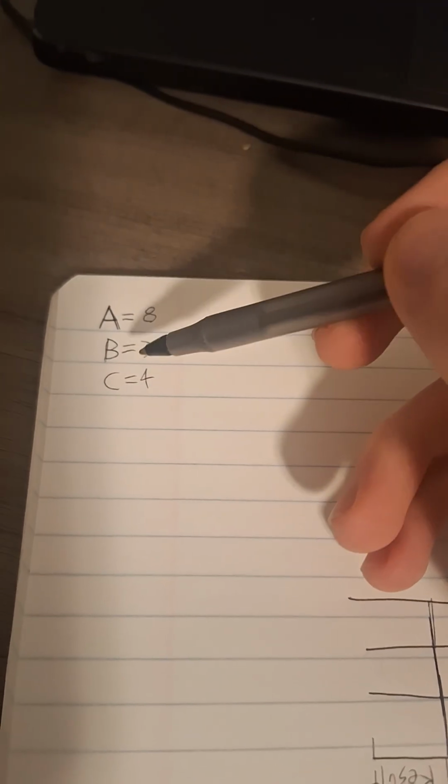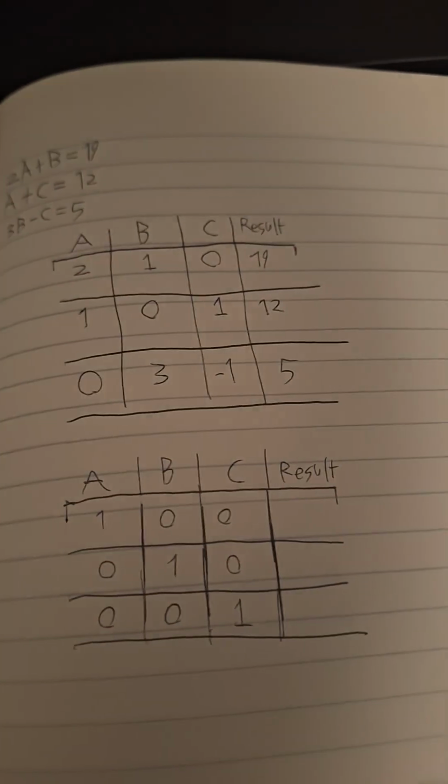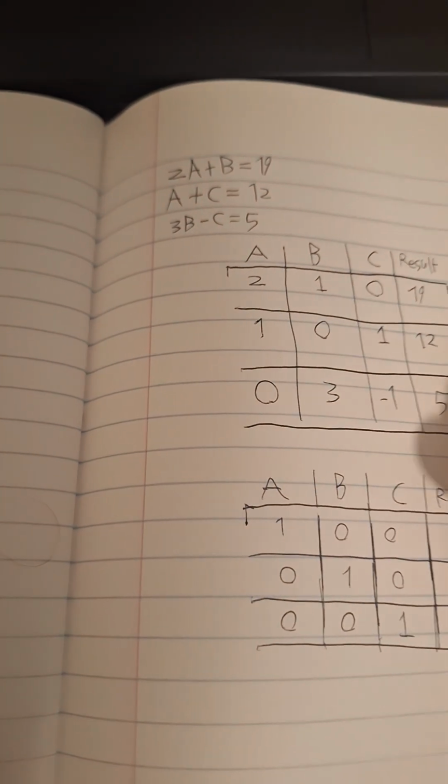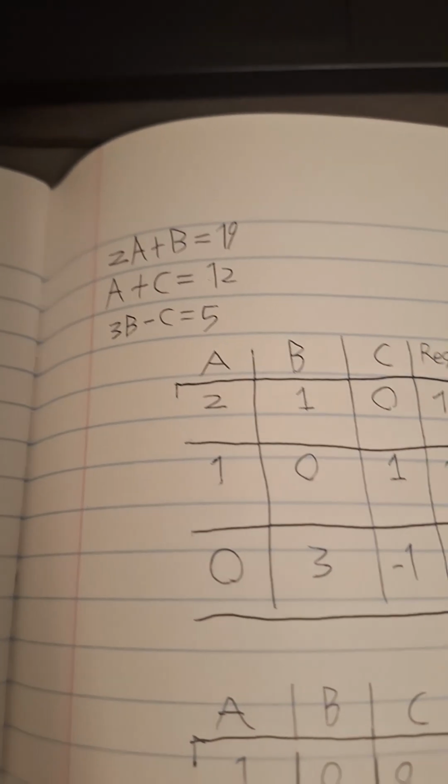I can verify that that's correct because I set this up with these as the variables and then just put in random numbers for what they're supposed to equal. So you can see that A is 8, B is 3, C is 4, and if you plug those back into the original equations, that should be right.